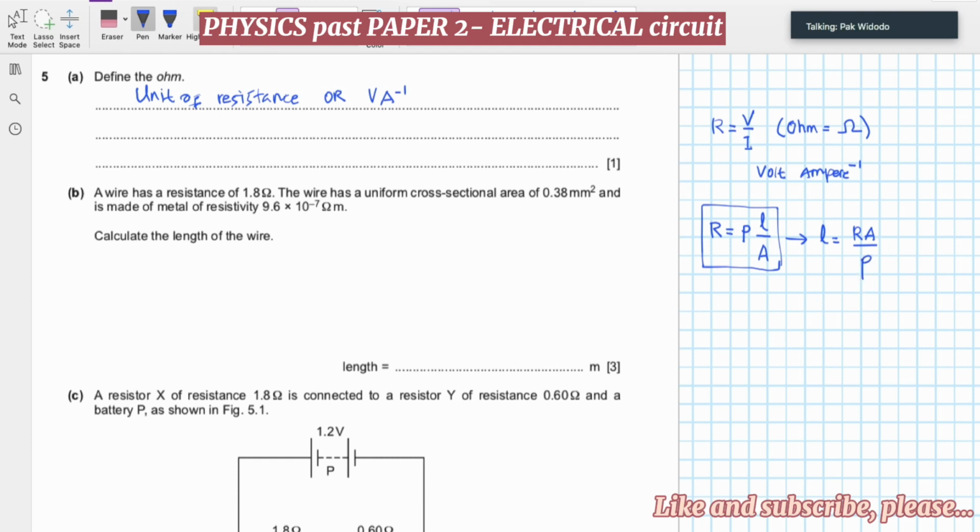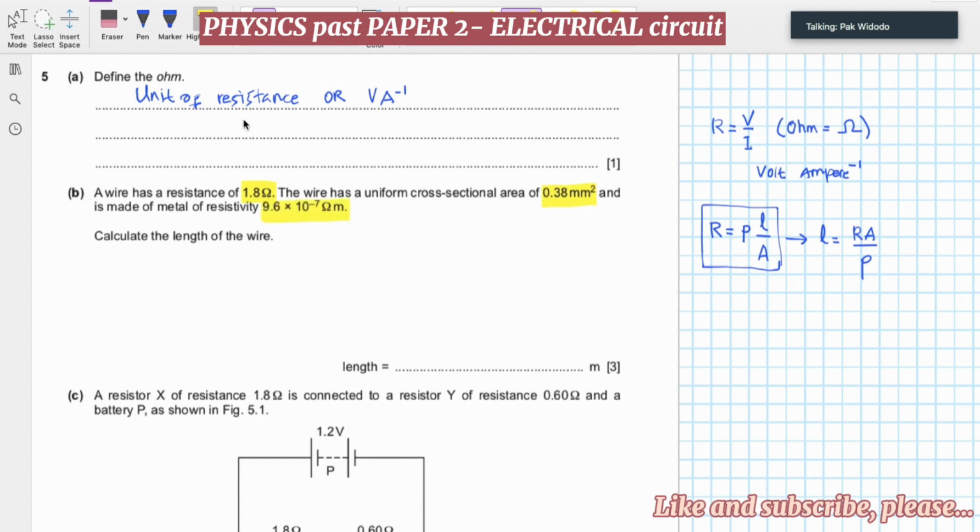This is R, 1.8 ohms is the resistance. Then cross-sectional area A, but we need to change it into standard units, and then resistivity rho.